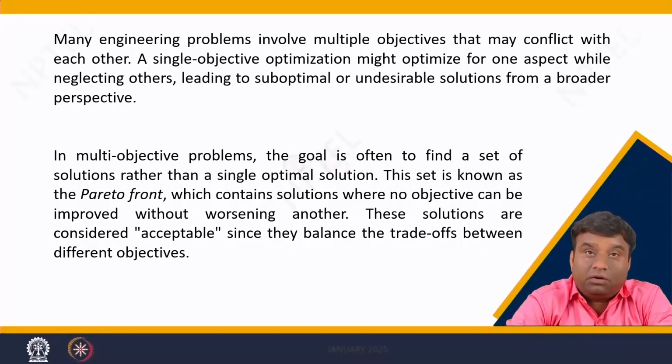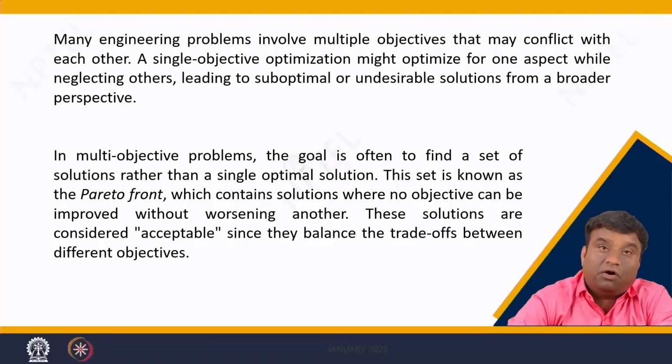In multi-objective problems, the goal is often to find a set of solutions rather than a single optimal solution. This set is known as the Pareto front, which contains solutions where no objective can be improved without worsening another. These solutions are considered acceptable since they balance the trade-off between the different objectives.